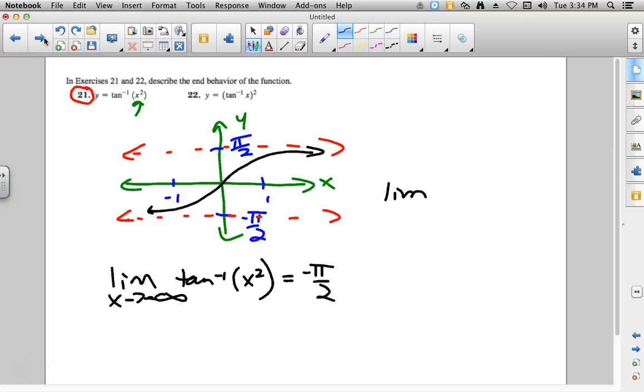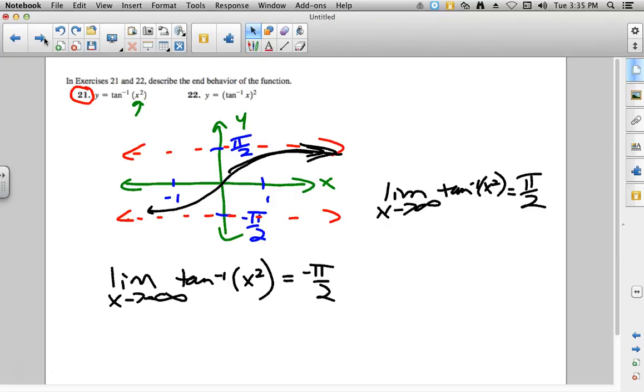And then the limit as x approaches infinity for the inverse tangent, again, of x squared, it doesn't matter that it's x squared, it just matters that we're finding the inverse tangent, is going to be pi over 2. It's going to approach it, but it's never going to quite get there. That was because of the chunk of the graph that we had to take in order to get this to be 1 to 1. It was the center of the graph of tangent that we used to switch the x's and the y's.